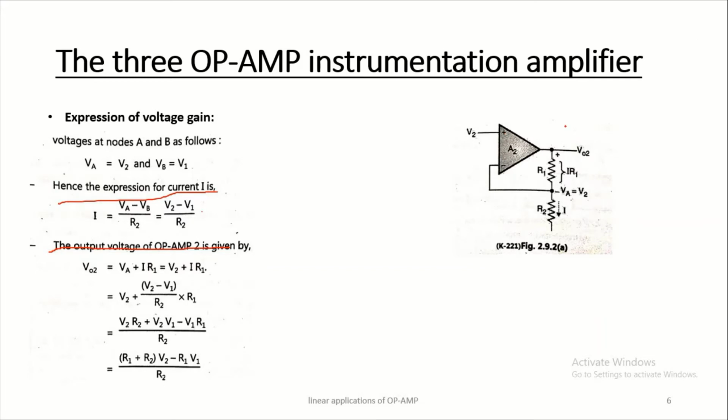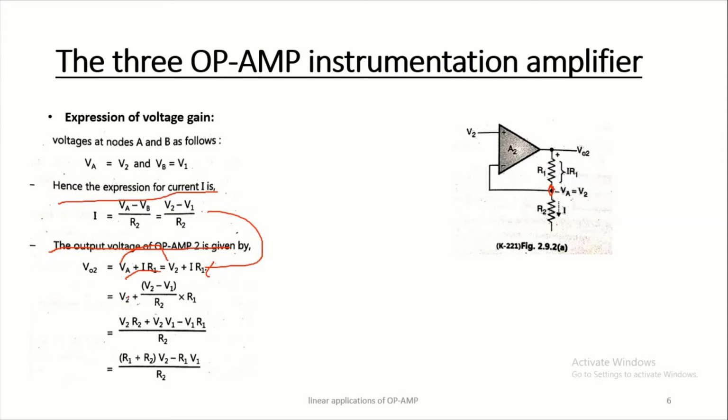In this figure, for V02 apply the KVL rule. So V02 is equal to VA plus IR1, the voltage at node A plus the current flowing through this resistance times R1. But VA is equal to V2, so instead of VA we write V2 plus IR1. In the next step, put the value of I, which is V2 minus V1 divided by R2.